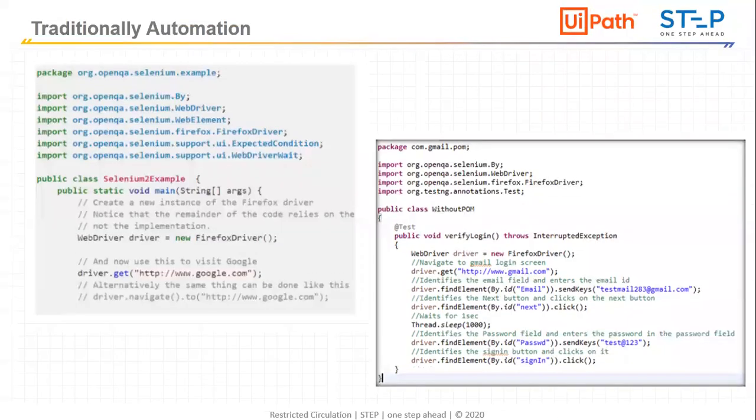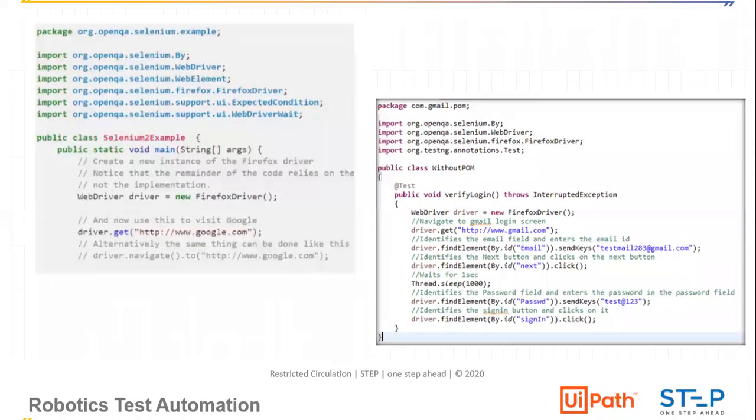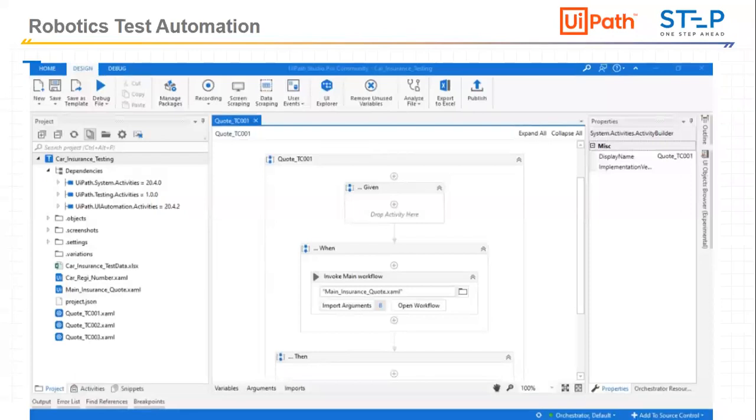This is traditional automation versus robotic test automation, which is just using some components, deriving the workflow by using the particular application's settings and properties in the tool.